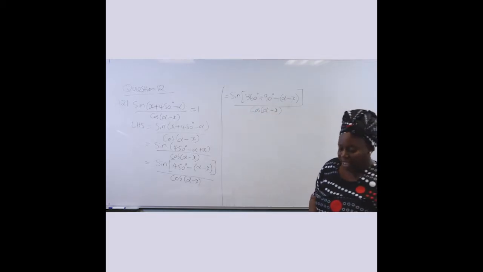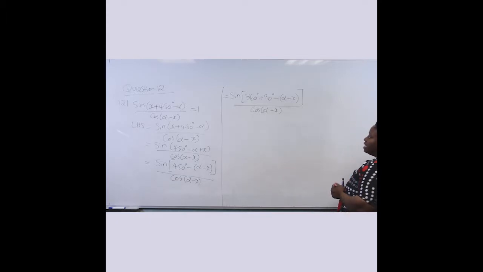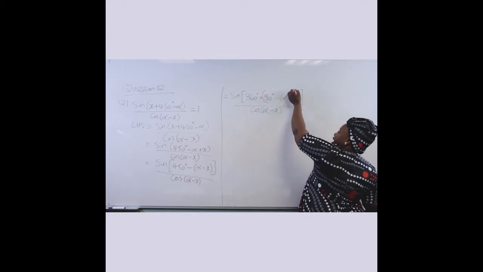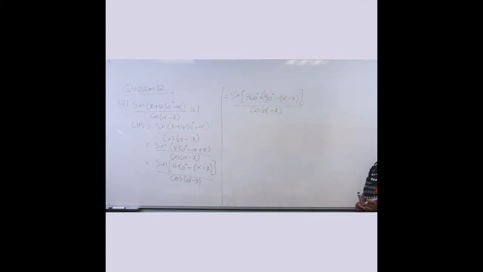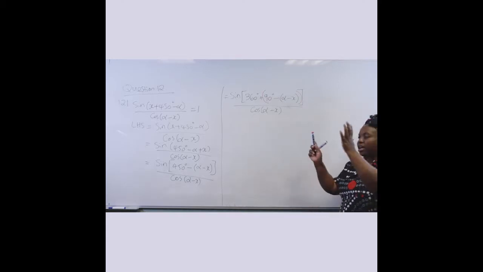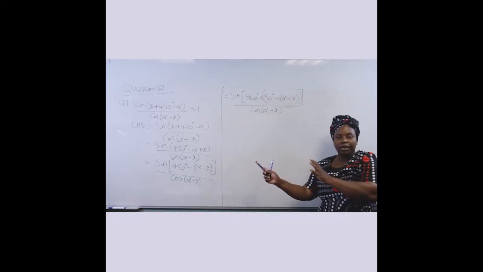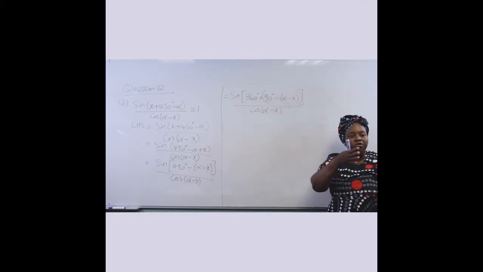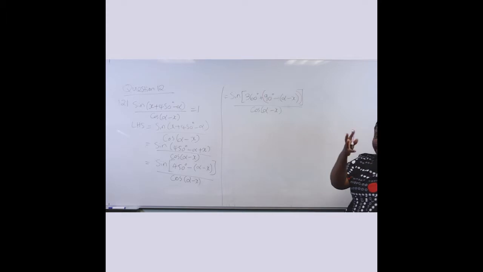Folks, if you look at this properly, because of the plus, I can simply put a bracket there. That will make my angle 90 minus alpha minus x in that particular bracket. So if this was theta, we'd say 90 minus theta, but now we have alpha minus x as our theta.